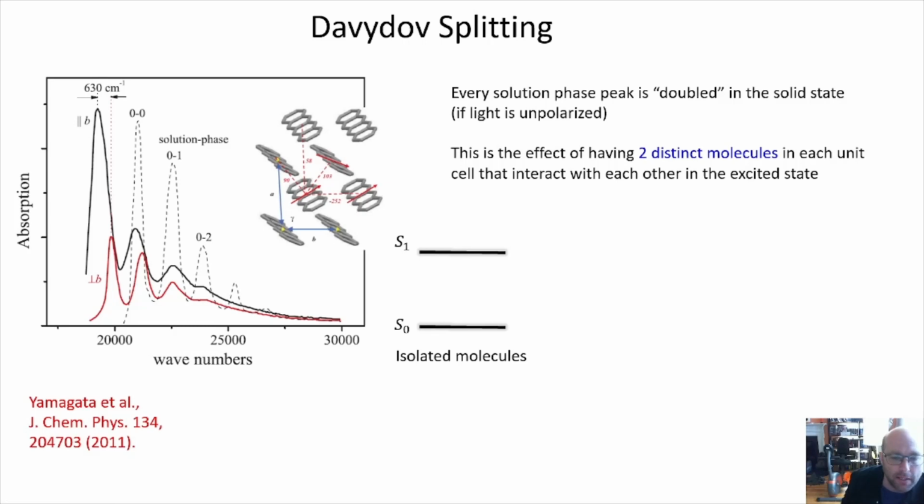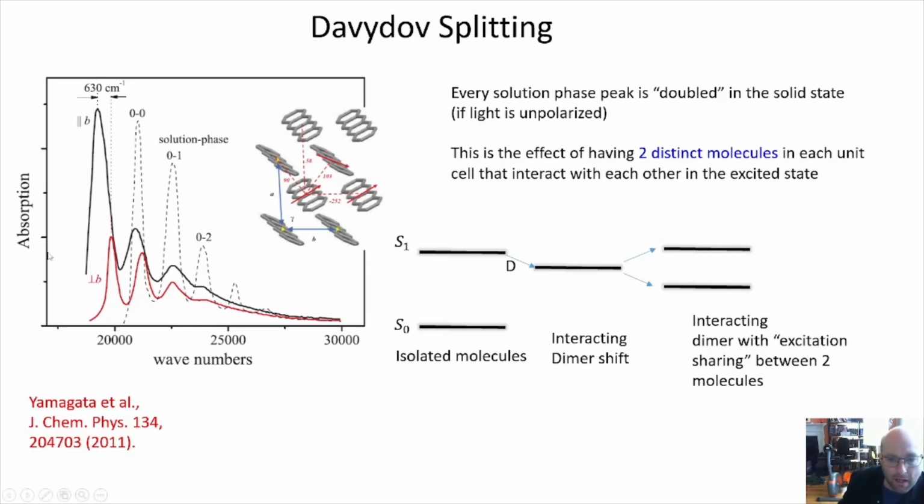The idea of Davydov splitting comes from the following argument: if you start with isolated molecules where you expect an S0 to S1 transition, and now you allow the isolated molecules to interact with one another, there's a shift, and that's the energy shift between the dashed and the average black-red line. In a solid, that shift will be different than in a dimer, but let's just think about a dimer for simplicity.